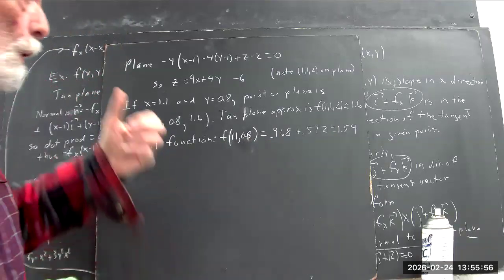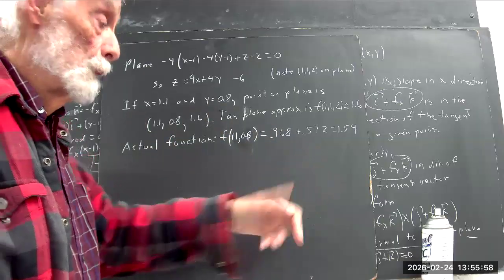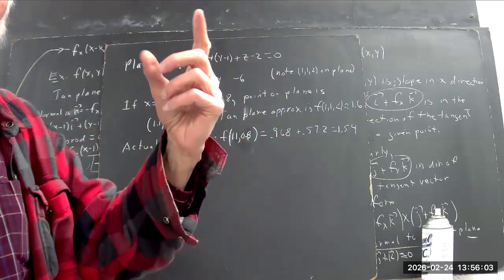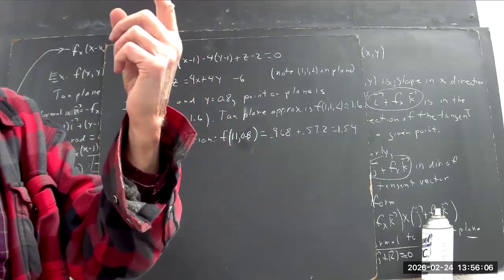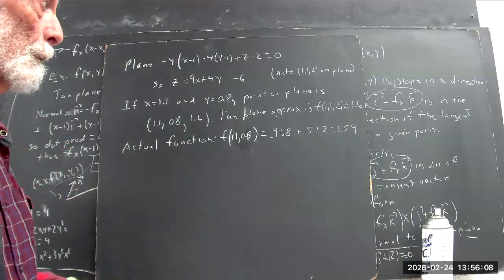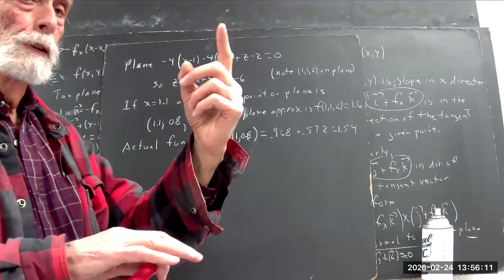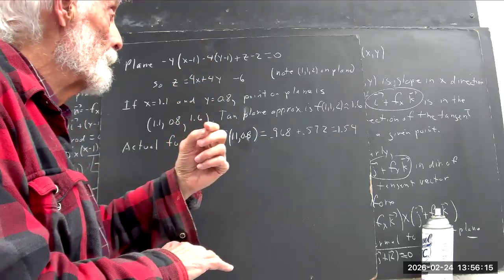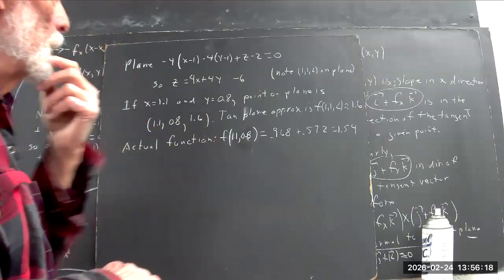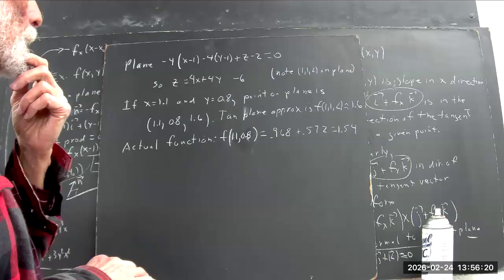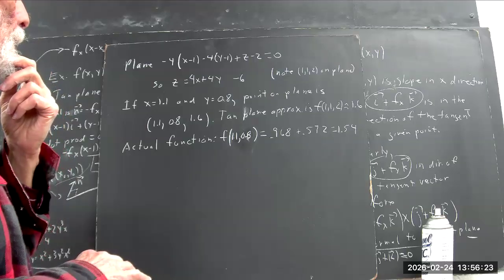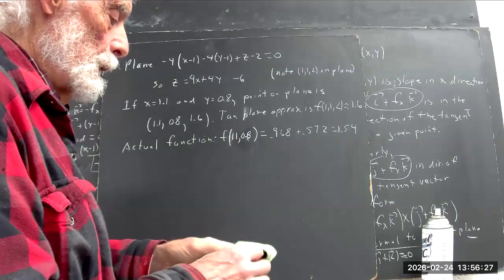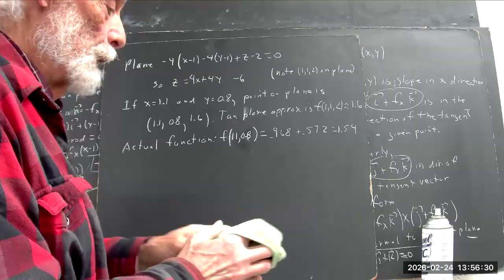Okay. At the point 1, 1, 2, where x is 1 and y is 1, our surface is 1.6 units above the xy plane. Our tangent plane is 1.6 units above. Okay. And the actual value of the function is 1.54.